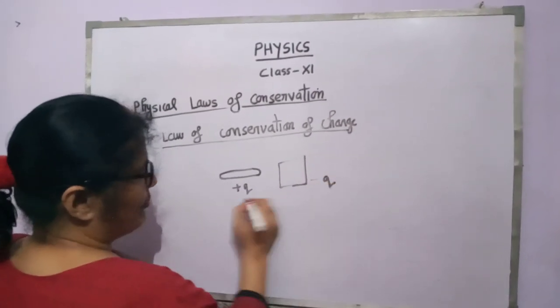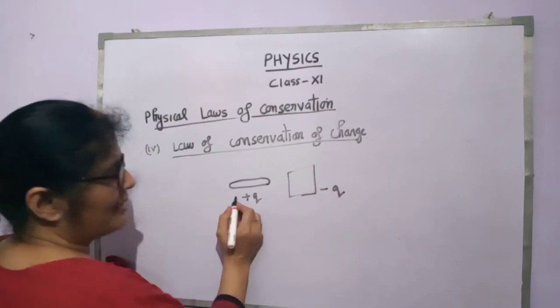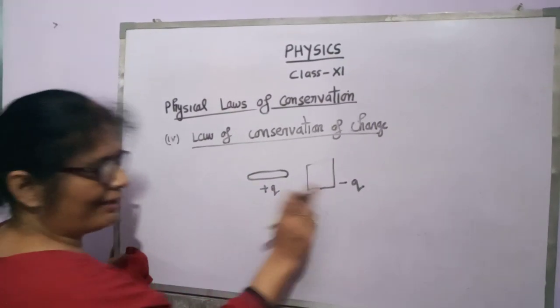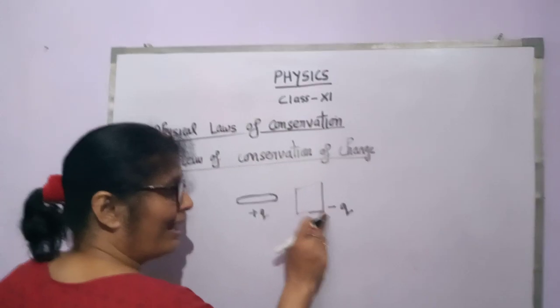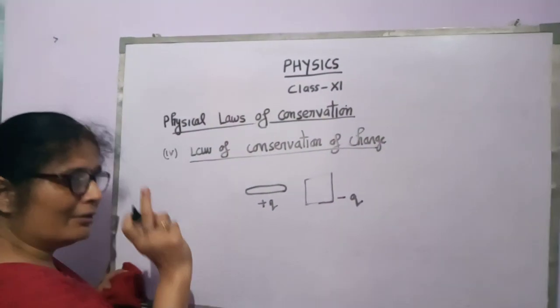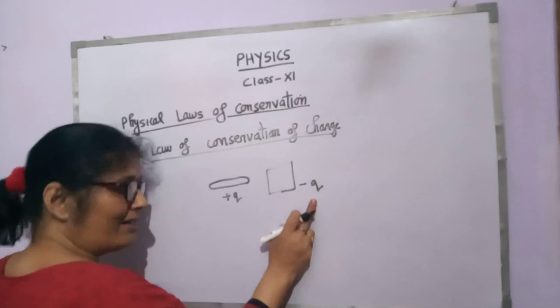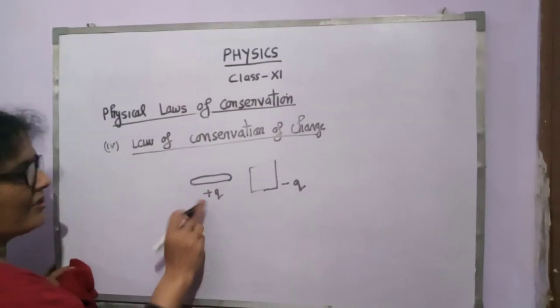Why does this become positively charged? Because it has a tendency to lose an electron. It becomes negatively charged because it has the tendency to gain the electron. The object which gains the electrons becomes negatively charged and the object which loses an electron becomes positively charged.